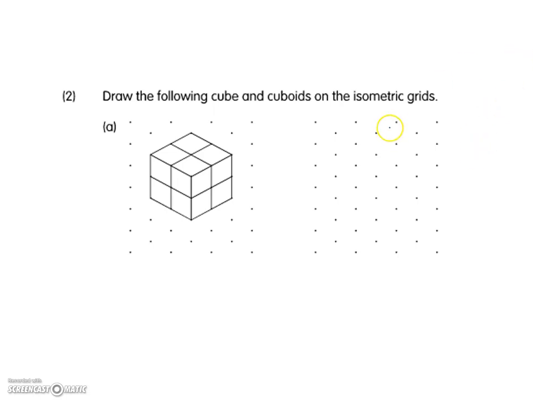Now 2A is going to be interesting because instead of drawing one single cube, you are interested in drawing this entire figure over here. So let's do it this way. We start off with the dot that we want to start off with. Let's start off at the same place here. Okay, 2 dots across. So we're going to do the same thing, 2 dots across.